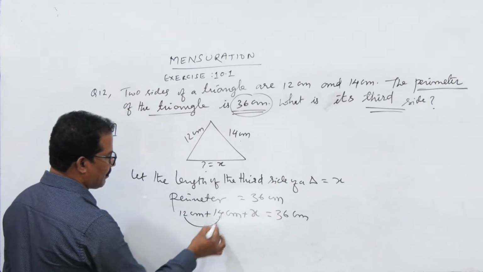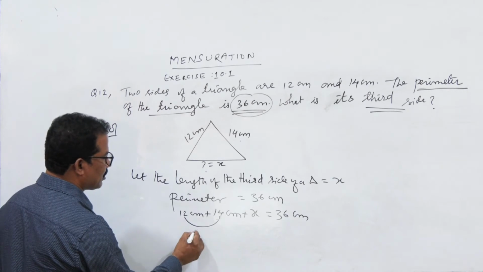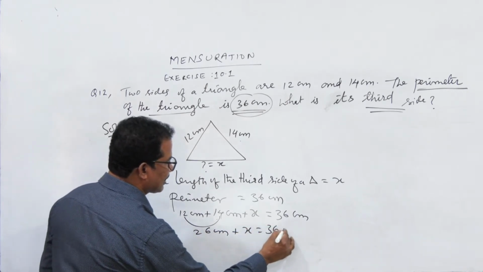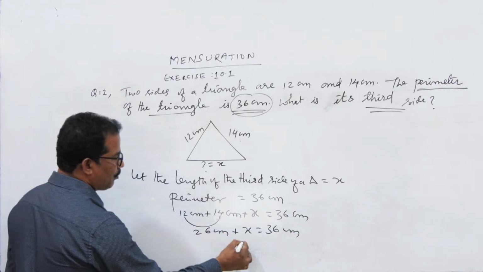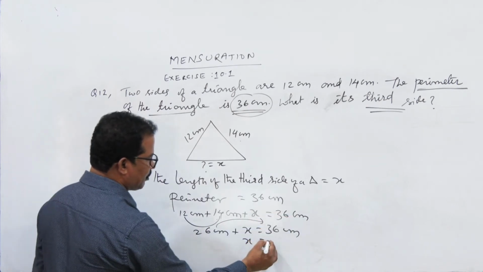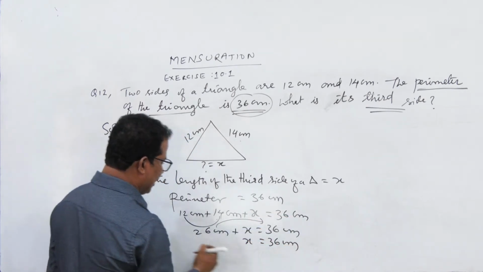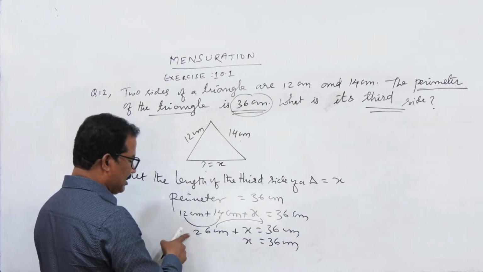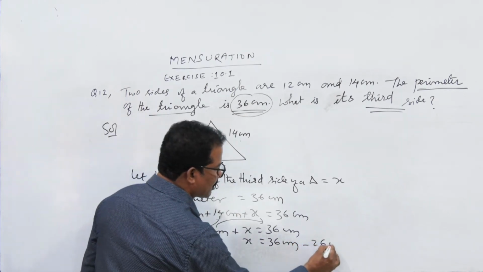Now you see here, 12 centimeters plus 14 centimeters plus x is equal to 36 centimeters. So these numbers will be added. We get 26 centimeters plus x is equal to 36 centimeters. To find the value of x, we need to shift this 26 centimeters to the right hand side. That means 36 centimeters, and this number will go to that side, meaning its sign will be changed. Plus 26 will become minus 26.